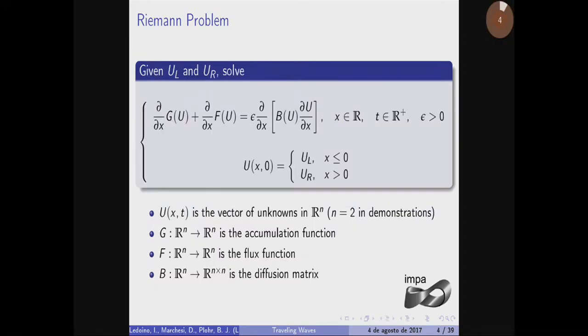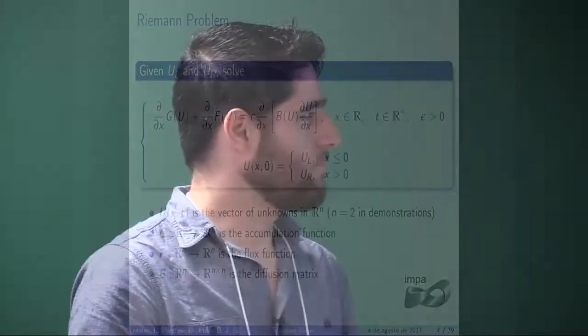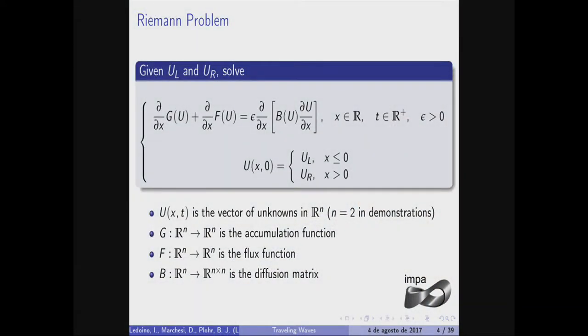We can put this model in this general form here, in which we want to make epsilon tend to 0.